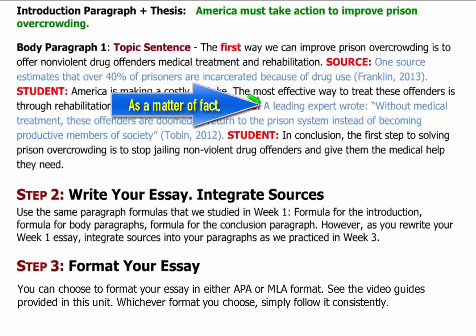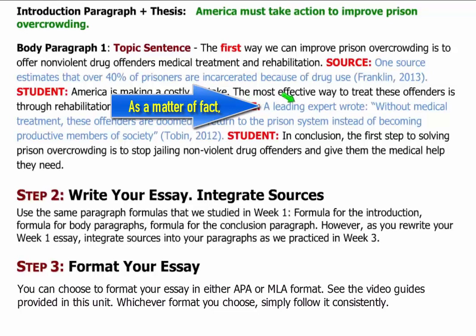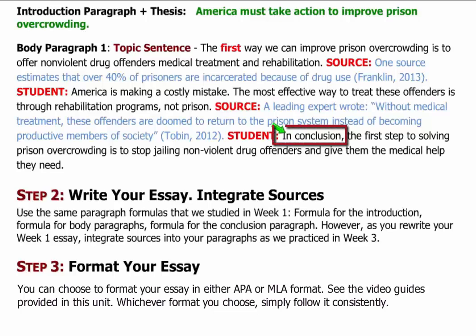As a matter of fact, a leading expert wrote, without medical treatment, these offenders are doomed to return. Tobin. And then I've got a transition phrase here. So, in conclusion, the first step of solving prison overcrowding is to stop jailing nonviolent drug offenders and give them the medical help they need.